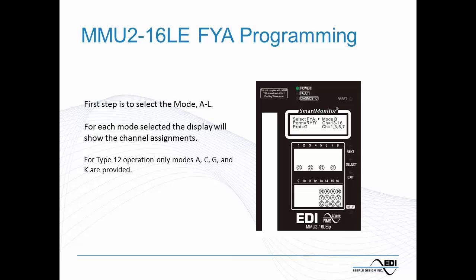So on the channel icon displays, it's kind of reflecting the same thing. This is a good place to note if we're in type 12 operation, this happens to be a cabinet wired for TS1 operation, then the modes that use channels 13 through 16 will not be available. We have at our disposal modes A, C, G, and K.